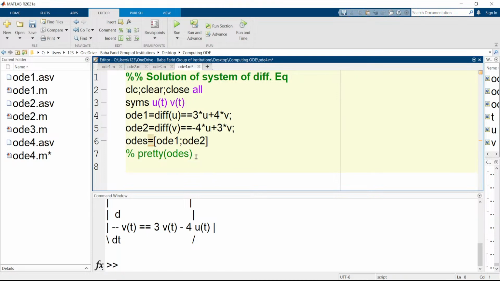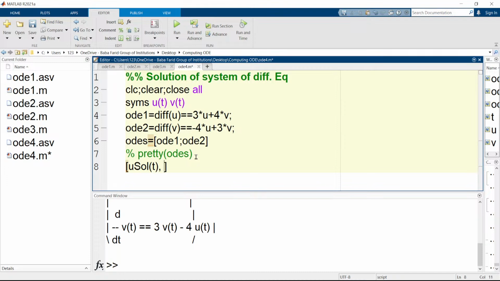But we are not given the conditions. So here we will find the solutions in both ways. First we use the simple way. The first is u(t), you can write uSol(t). This is the first solution.